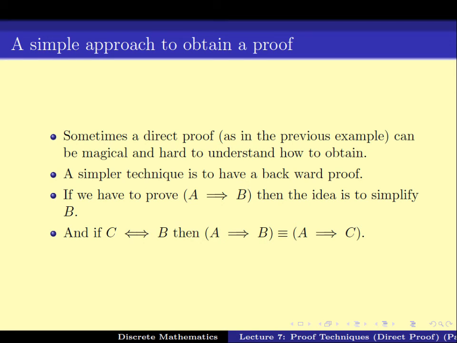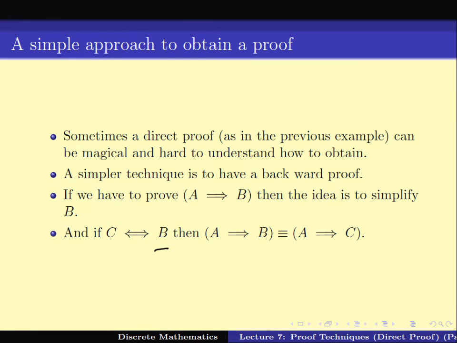And if in the end I can prove that B is equivalent to C, or in other words B and C are the same, then proving A implies B is the same as proving A implies C, which can be easy if I manage to make C an easy expression.